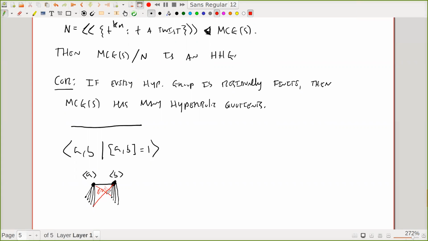Hi, Mark. I have another question. When you have a hierarchically hyperbolic group, then you can put a hierarchical structure on the Cayley graph of that group, in the sense of the first part of your talk. Yeah, that's right. So that means that the action is proper, right?